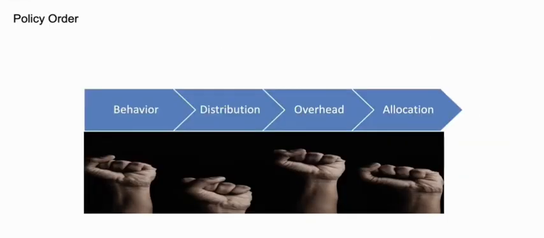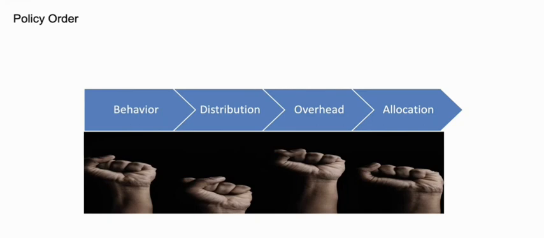So for policy order, how the system reacts is that it first goes with the behavior, then the distribution, then the overhead calculation, and the allocation. You don't have to use each of them, just use what allocation rule you need in the system.